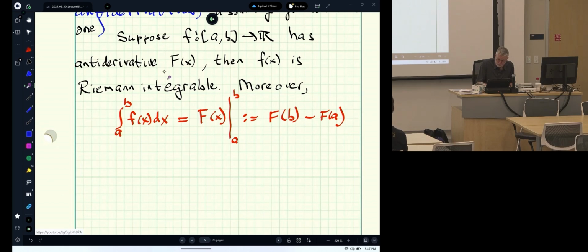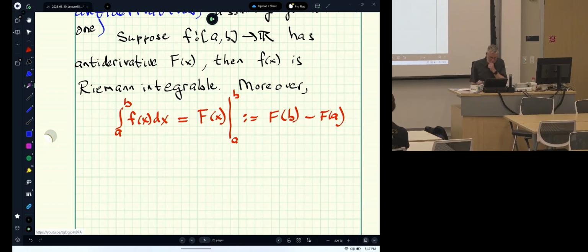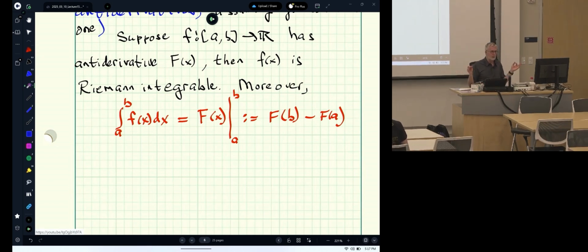You give me any antiderivative, doesn't matter which one. That's because the constants cancel out: a constant here and a constant here cancel with the minus sign. Give me any antiderivative, and I do this integral by simply function evaluation. So that's the dream. To find that antiderivative, it reduces integration to function evaluation. That's the power.